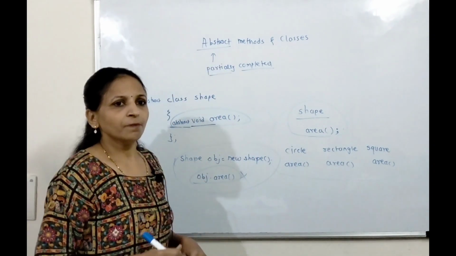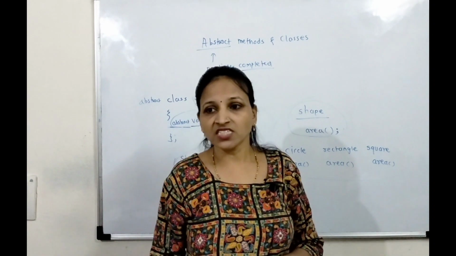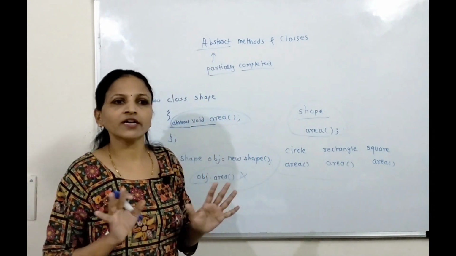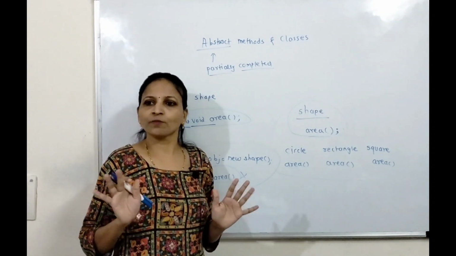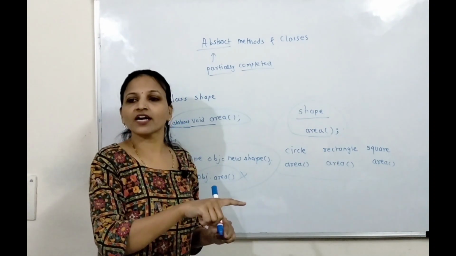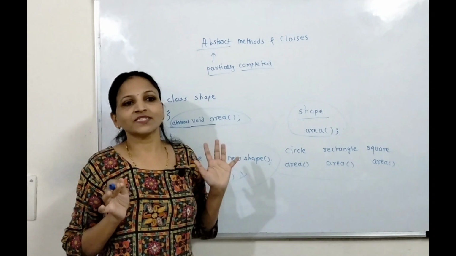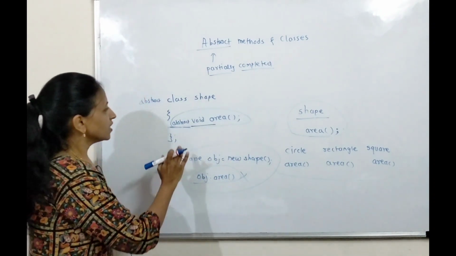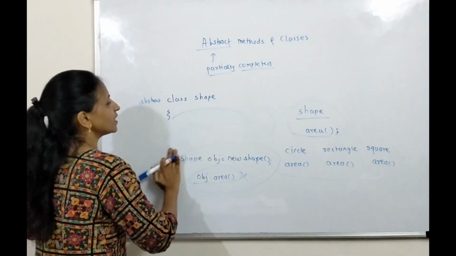Next point. If multiple methods of a class, suppose all the methods of a class are not abstract, meaning all are normal methods, then also you can declare that class as abstract. Why? See, let my class have multiple methods.